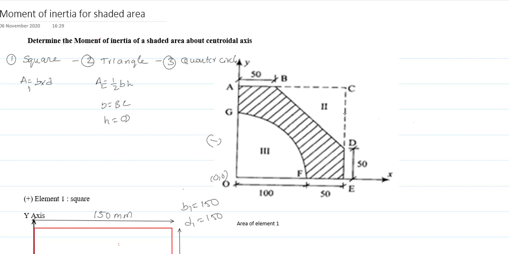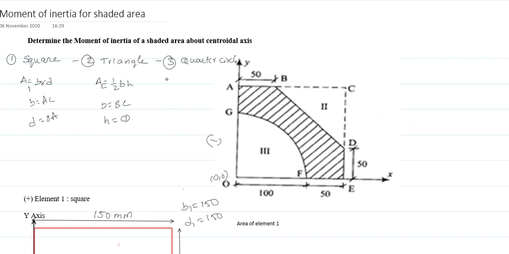CD is our triangle height and BC is our triangle base. Here B is nothing but AC and D is nothing but OA. This OA is our D and AC is our B.